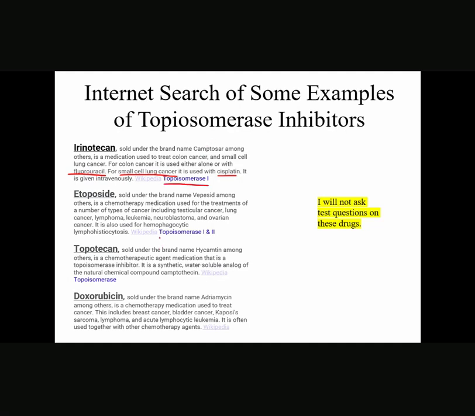This one blocks both topoisomerase 1 and 2. And this one, I don't have the specifics here. I actually cheated and pulled these off Wikipedia, so you can look these up yourself if you like. I do not plan to test you specifically on these drug names, but I do believe you will have to know these drug names for your other classes, especially pharmacology.